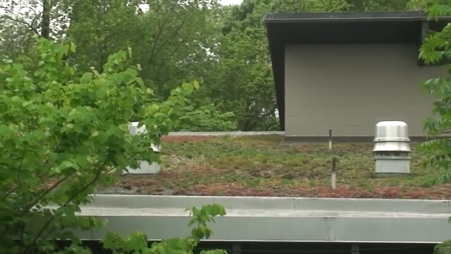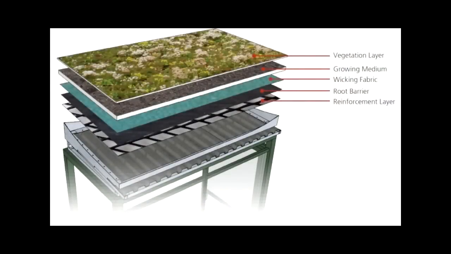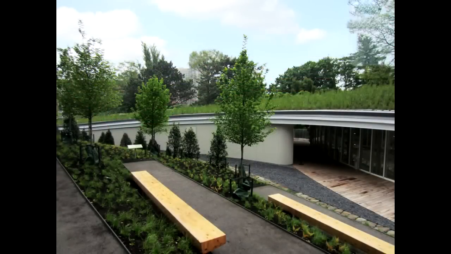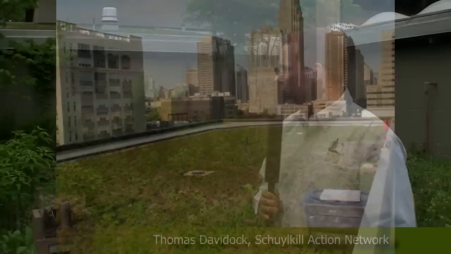It's a green roof, and that serves the same purpose that the rain garden does, which is to allow the stormwater to flow on that roof, and rather than run off, those plants on that roof will absorb that water, will allow it to collect like a big sponge on there, and then release slowly into the atmosphere or be taken up, like I said, by the plants. So there are two very good examples of things that we can do when it comes to controlling stormwater on our properties.